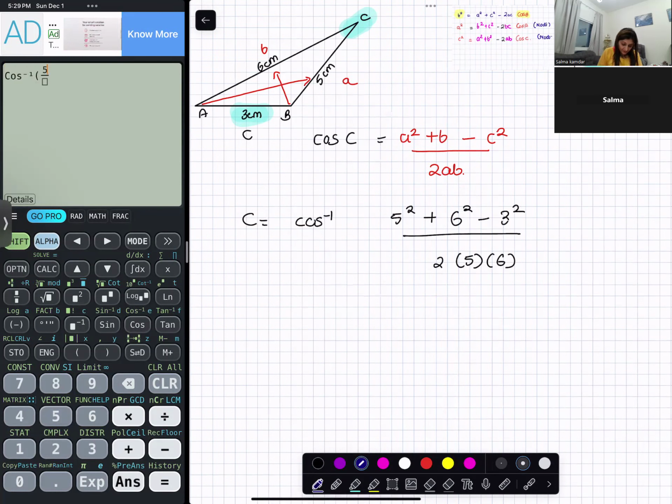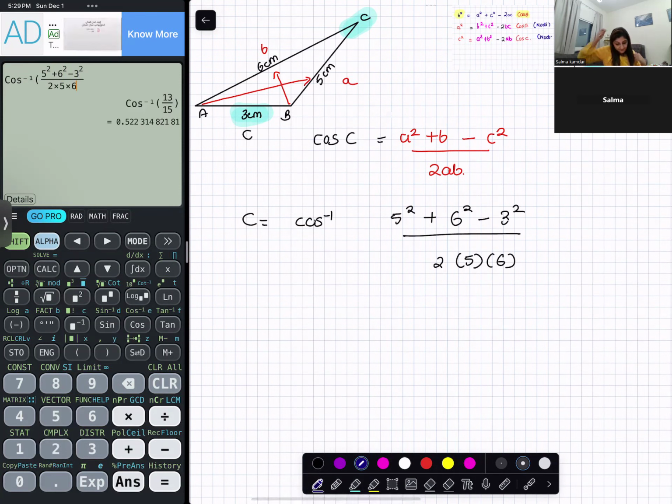So it is 5 square plus 6 square minus 3 square, divided by 2 into 5 into 6.